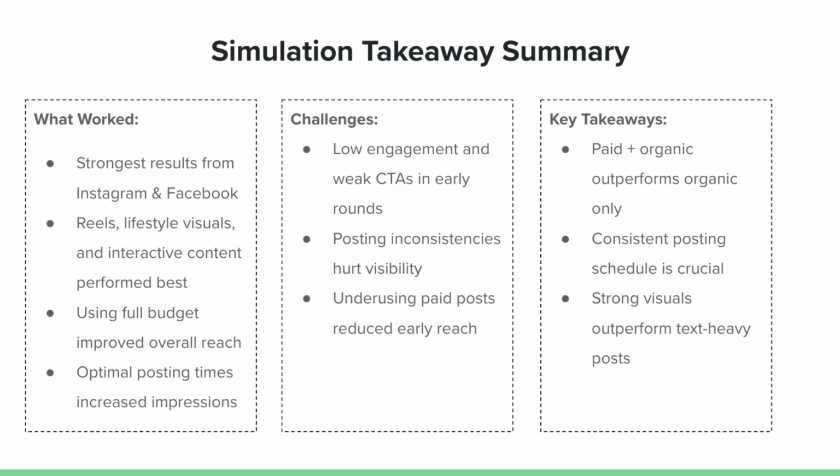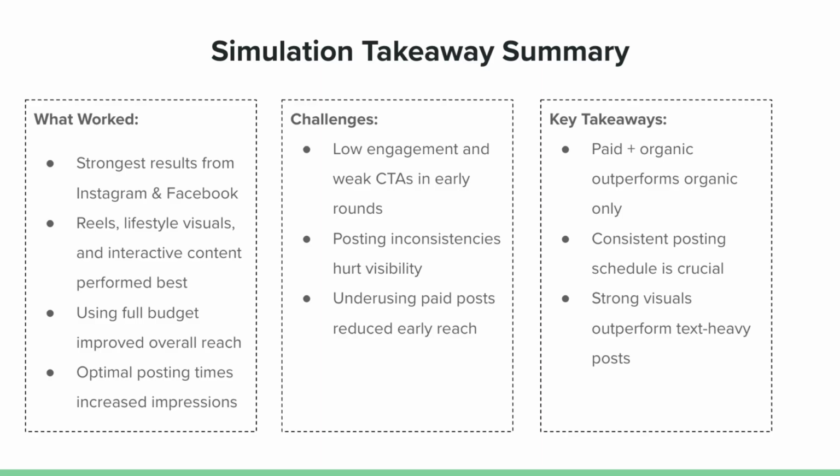Simulation takeaways. What worked were some of the strongest results from Instagram and Facebook. Reels, lifestyle visuals, and interactive content performed best, using the full budget improved overall reach, and optimal posting times and more interactive posts increased clicks, along with content that relates to them.